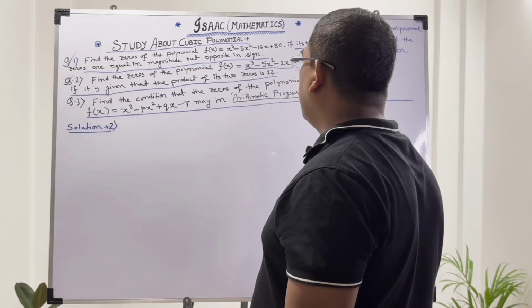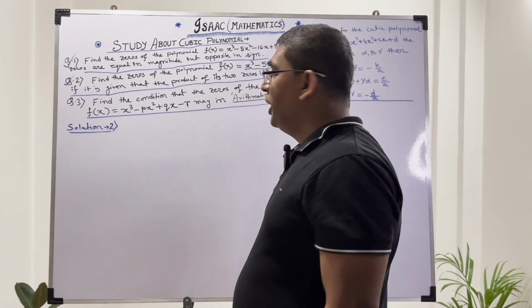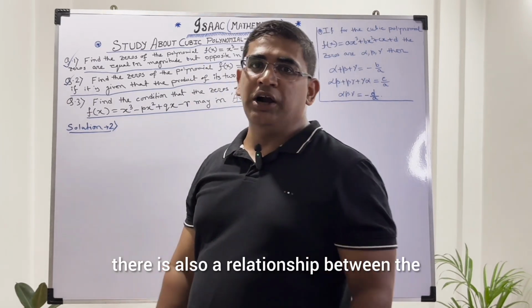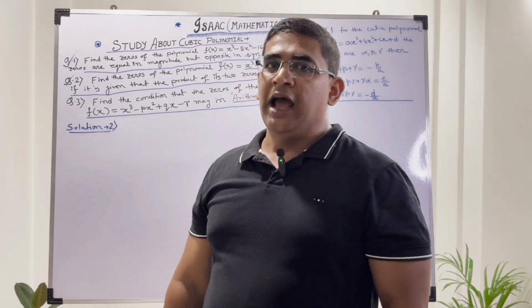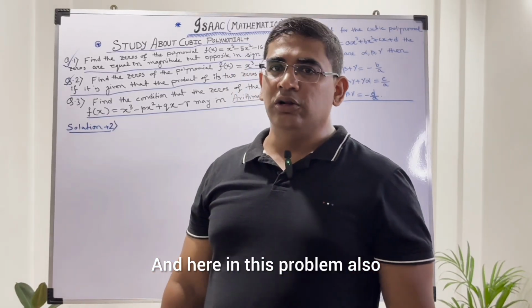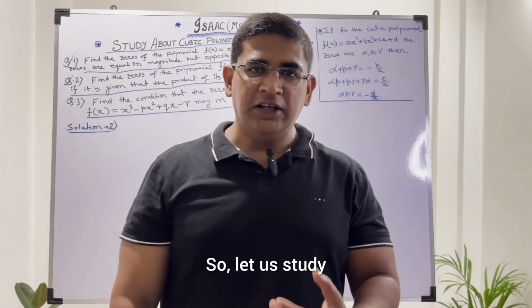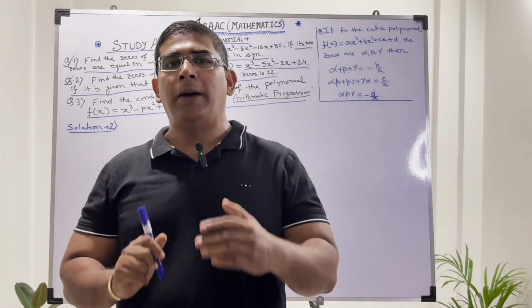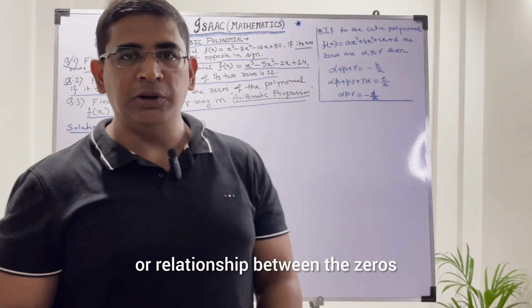The relation is that the product of its two zeros is 12. In the first problem there is also a relationship between the zeros. Okay. So let us study how we can find the zeros of this cubic polynomial by using the given condition or relationship between the zeros.